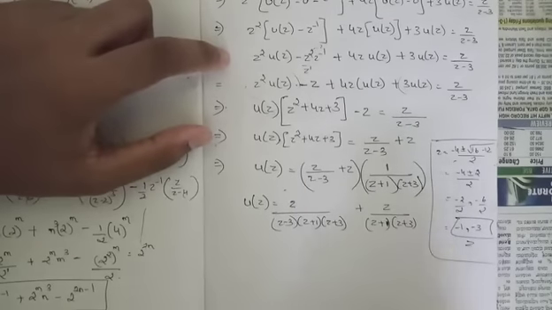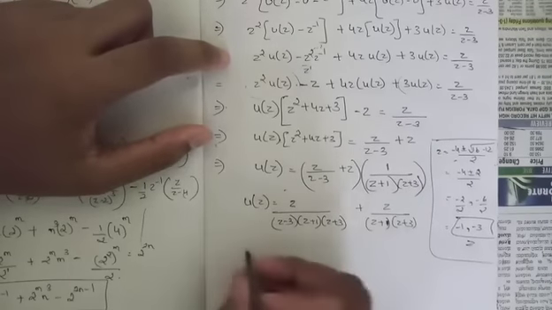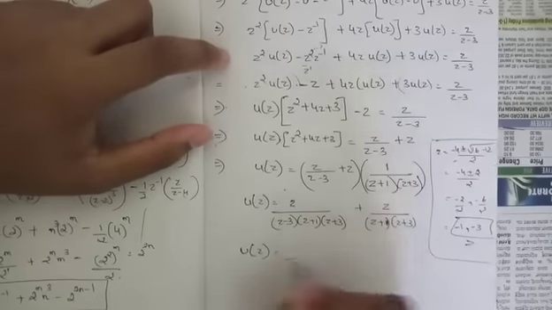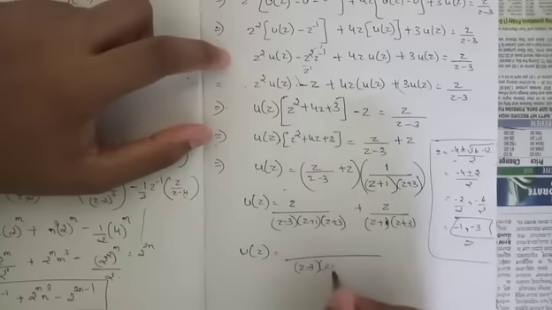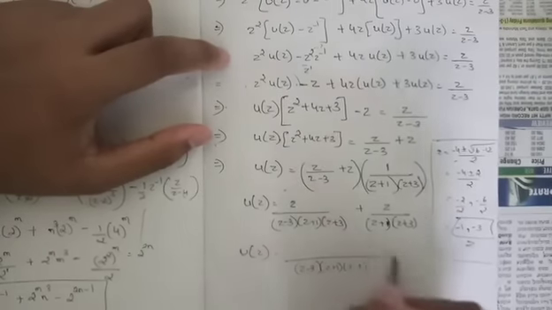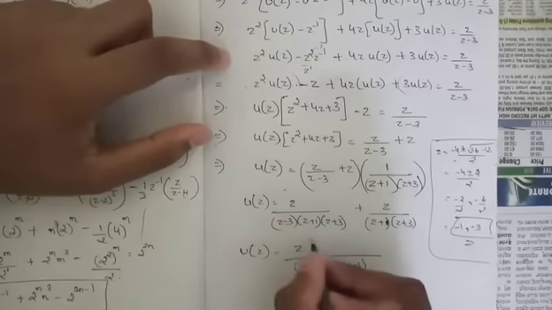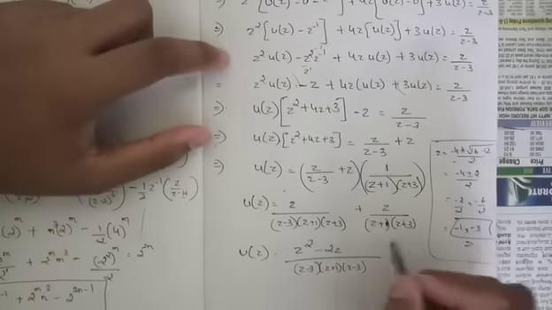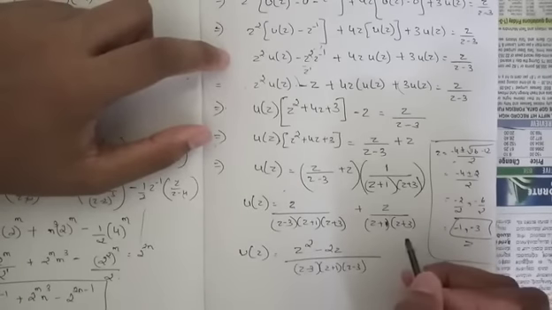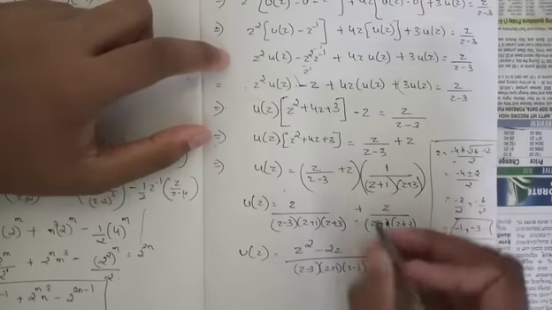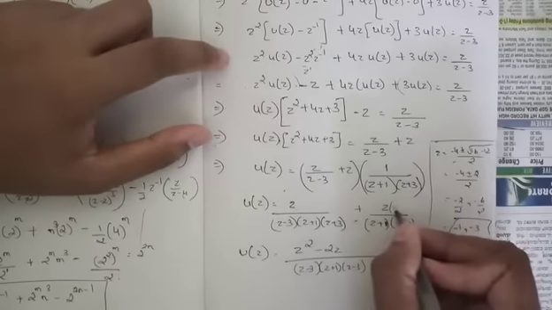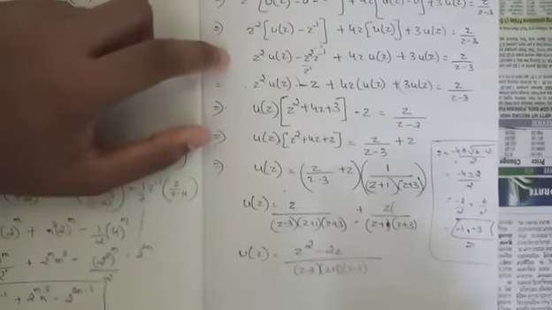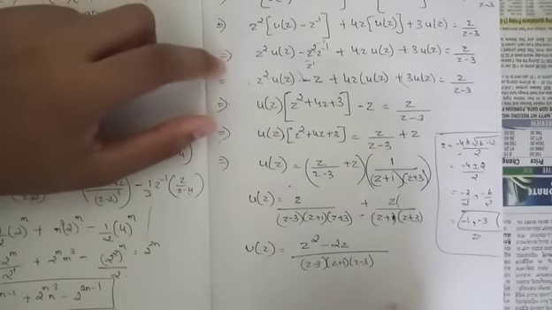Okay, so now in order to make the common denominator equal, we need to write it as z square minus 2z, because here we don't have a z minus 3, right? If we don't have here z minus 3, so we need to write z into z minus 3. So the final answer which we get here is z square minus 2z. Okay, after taking the LCM.